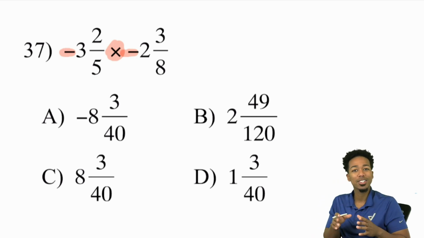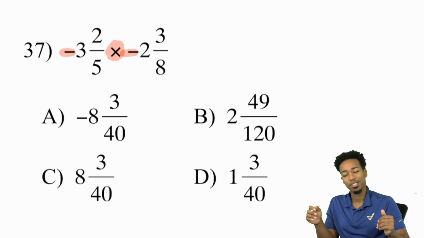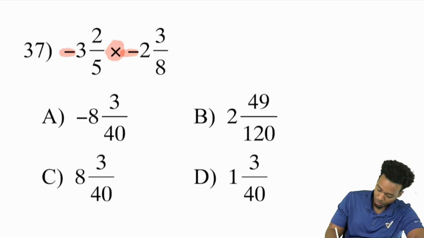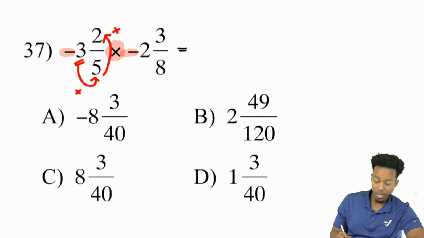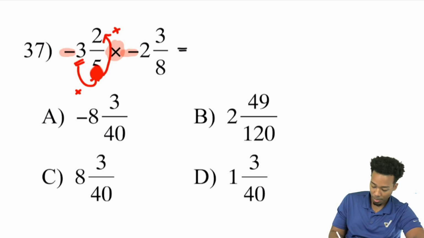So how do we turn a mixed number into an improper fraction? Super easy. You take the whole number, multiply by the denominator, and then add it back to the numerator. The whole number is multiplied by the denominator because you're saying, this is how many wholes we have.